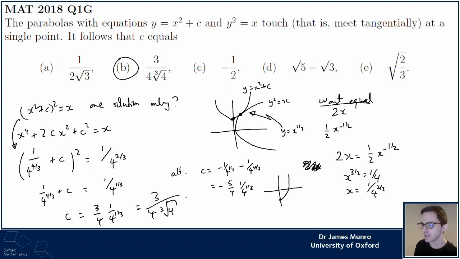It feels like this would be like this, and my parabola would be like this, and I think I can see what's happened. I think this would have the value of y being negative, right? Because then C plus 1 over 4 to the 4 over 3 would be some negative number.